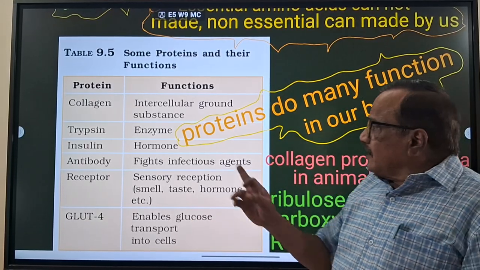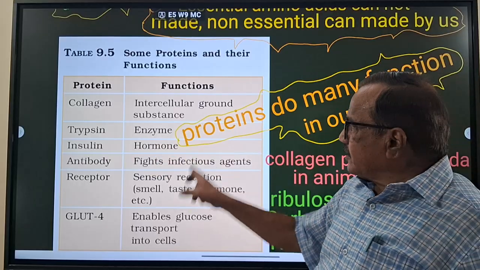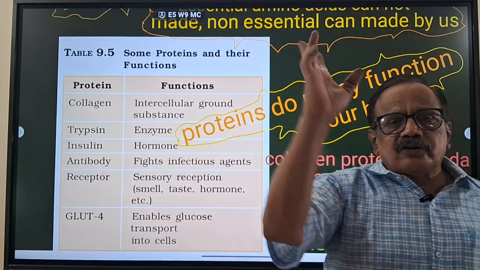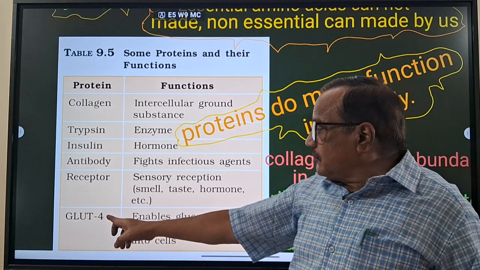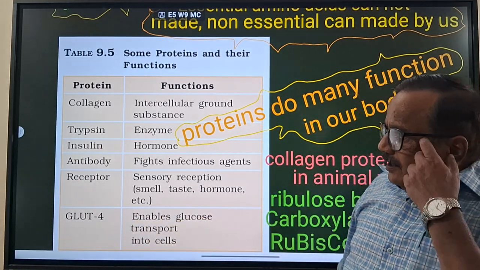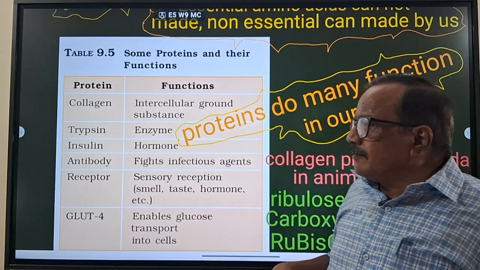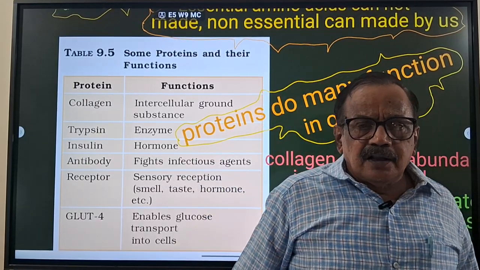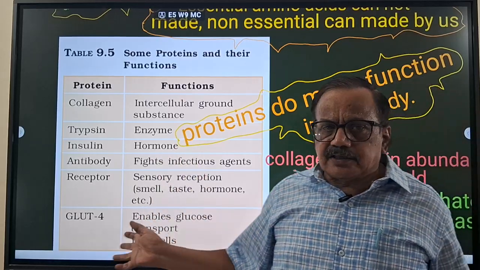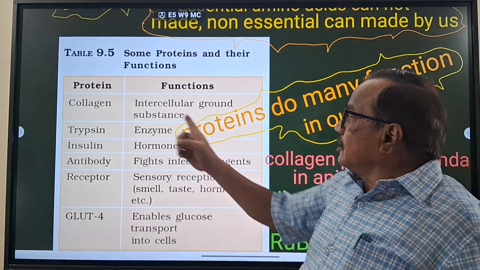He gave all these as matching in 2024, and only about GLUT4 in 19. Like that they are giving, so you have to read these things. Now we will see these functions.